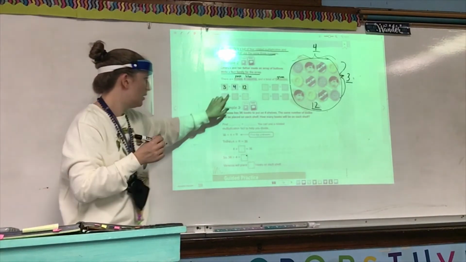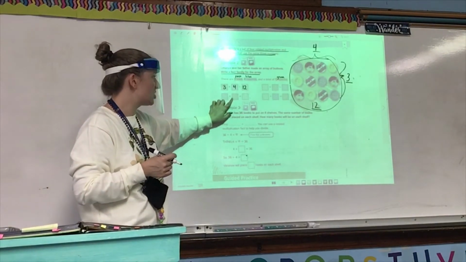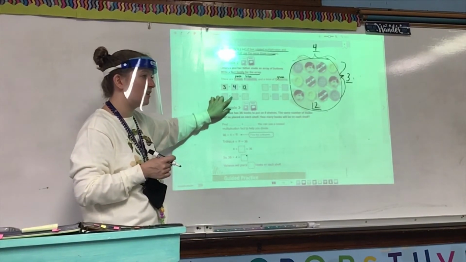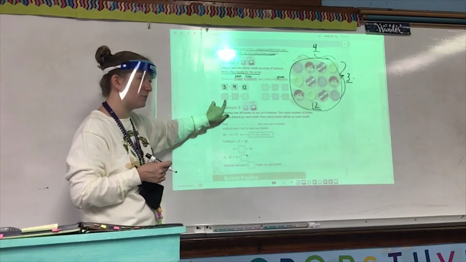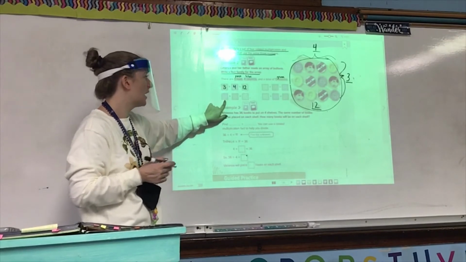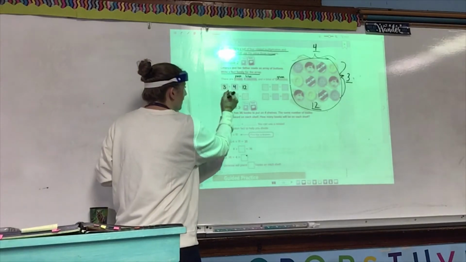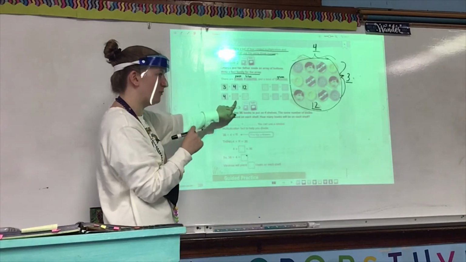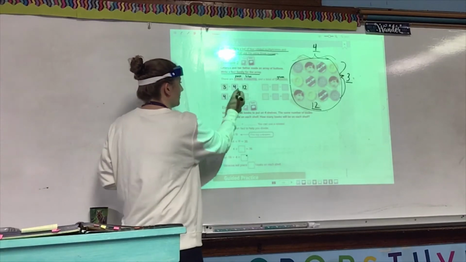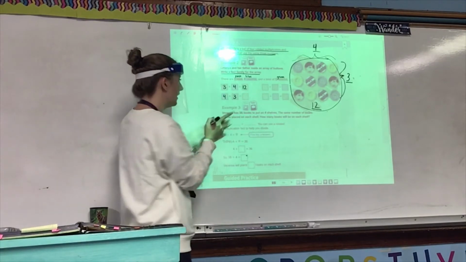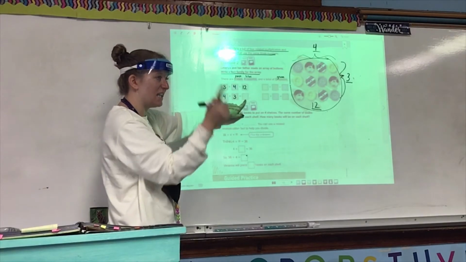Now for the second one, who helped me with that one? Zadie. Again, our factors are the number of rows and columns. Which one do we start with here? Columns. How many columns are there? 4. We're going to multiply it by the number of what? Rows. How many rows are there? 3. And our answer is always the what?